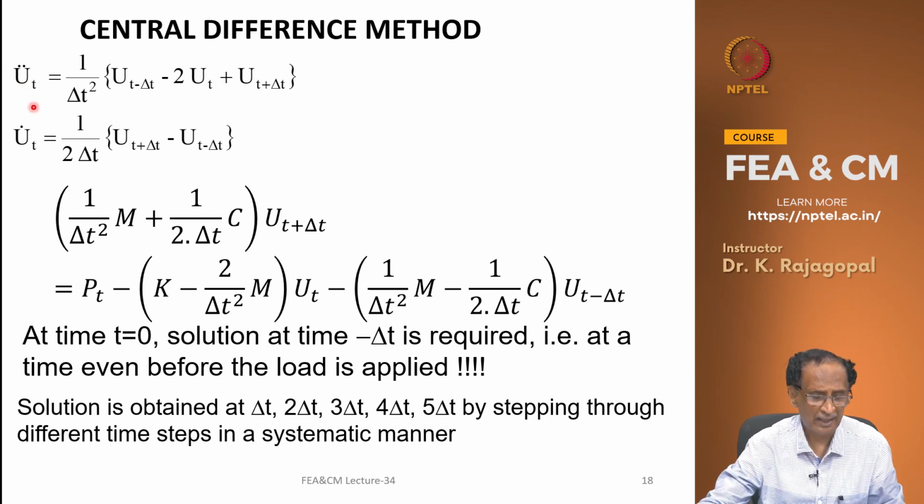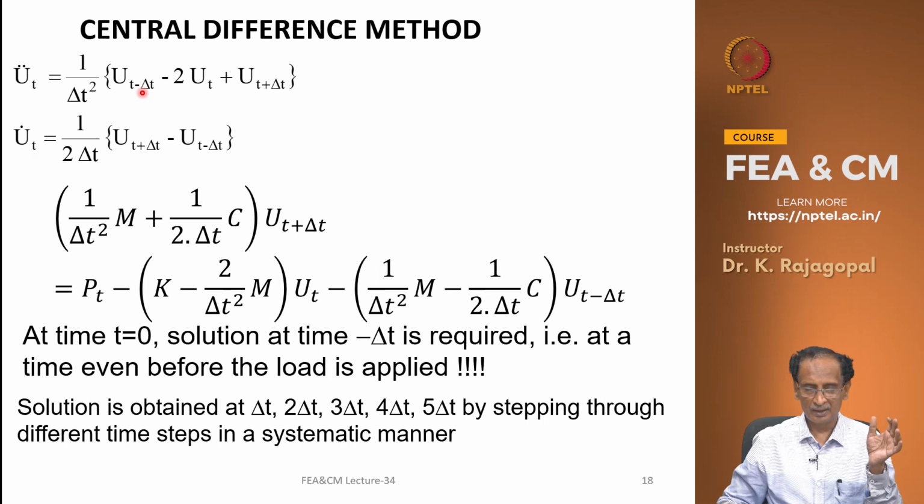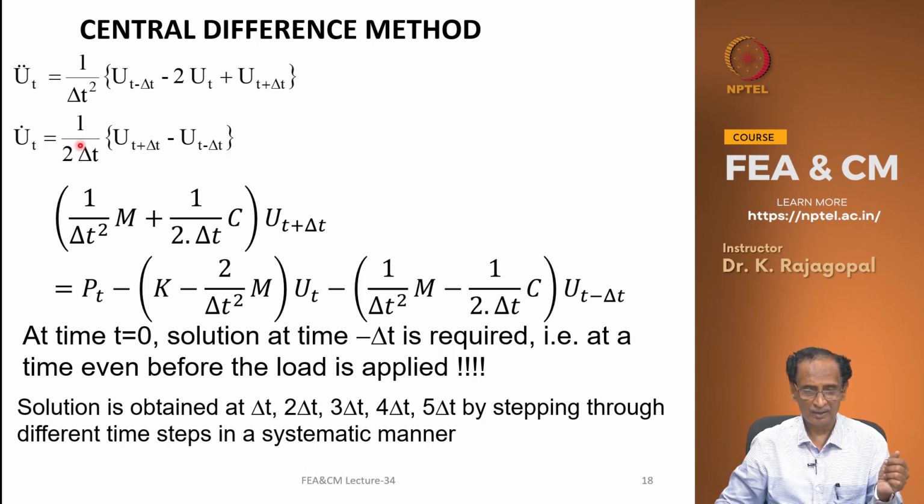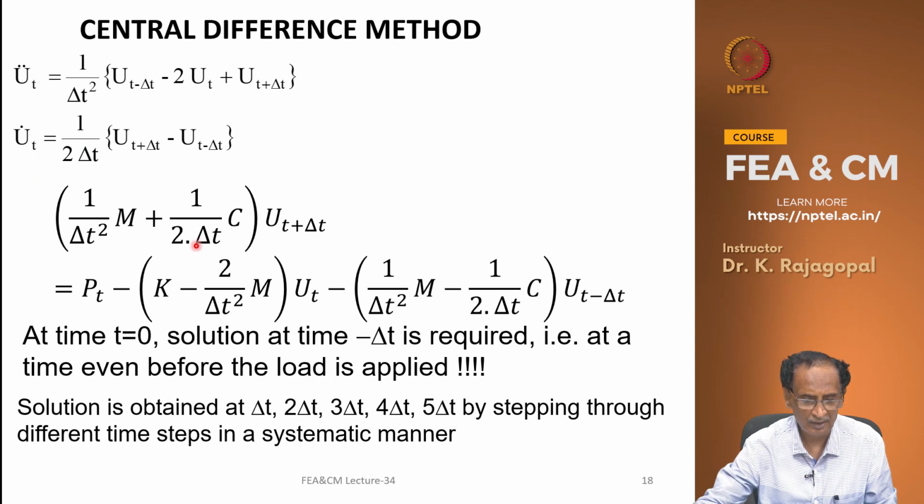Our acceleration at time t we can get by looking at the displacements at two different time steps, u at t plus delta t and u at t minus delta t, and then the displacement at this time step u at t like this, and the velocity at time t is the difference in the displacements at time t plus delta t and t minus delta t by 2 delta t, and we can substitute these two expressions in our governing equation, and then we can convert our equation and we get a matrix like this.